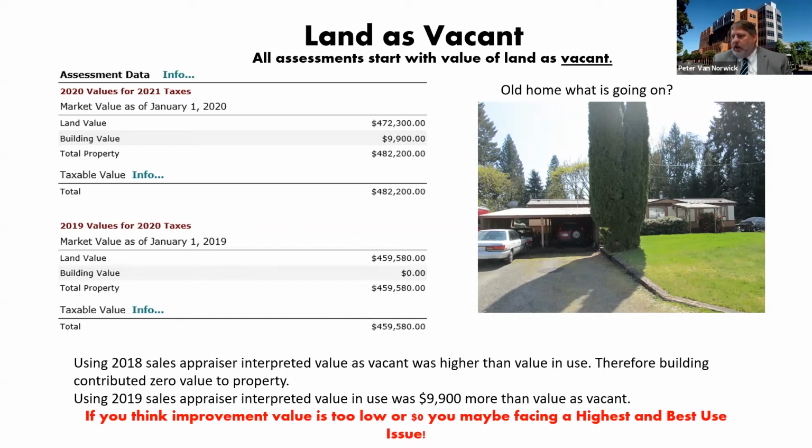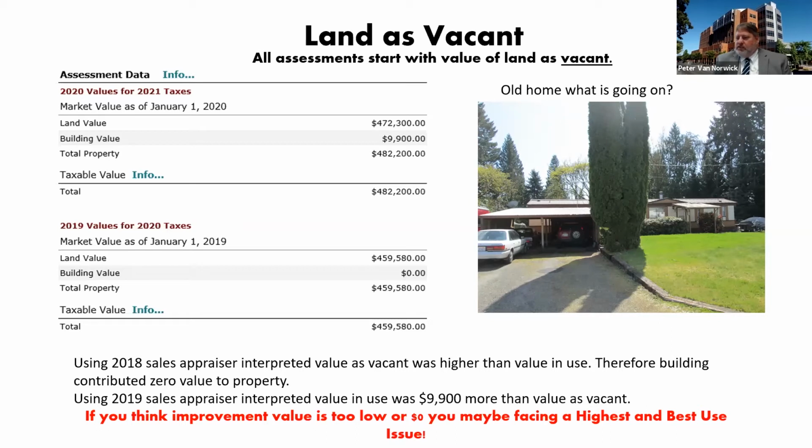The next year they went out and looked at the residential sales, and they decided that a home like that on an acre, selling as a home, would sell for $482,000, but the land itself would only sell for $472,000. So the appraiser made the decision that the building contributes.